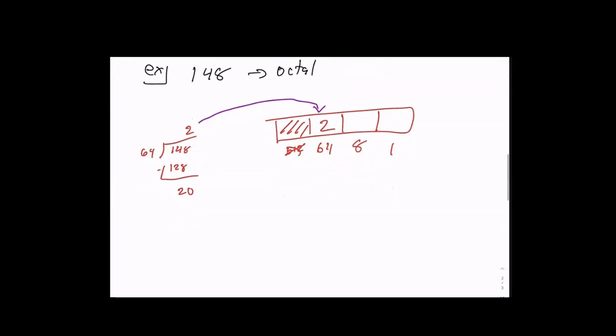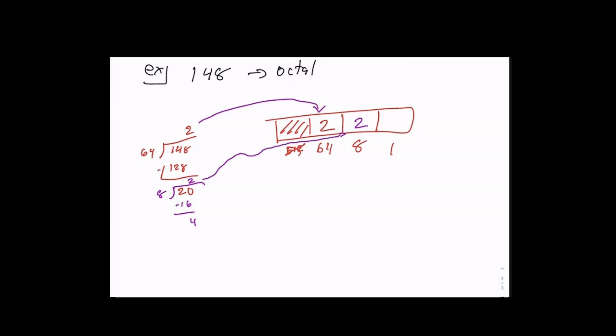Now we're going to take this 20 and divide it by 8. How many times does 8 go into 20? Twice. 2 times 8 is 16, which leaves behind a 4. So this becomes another 2.